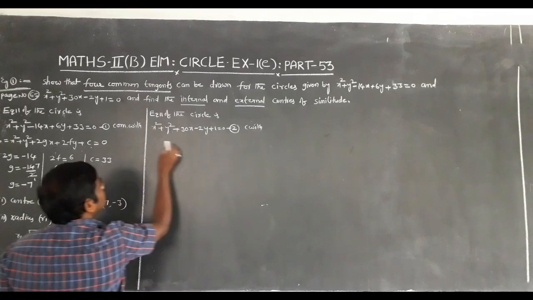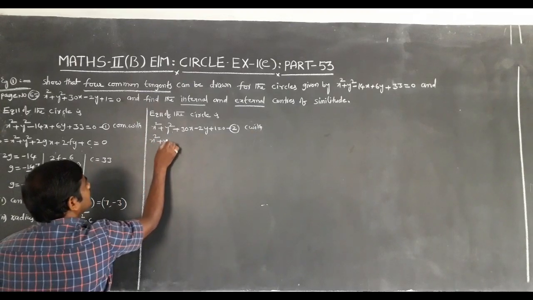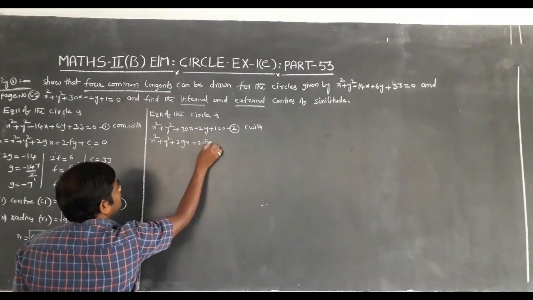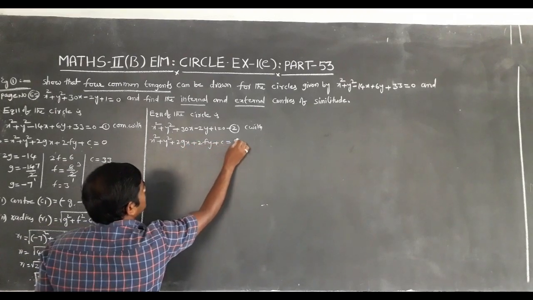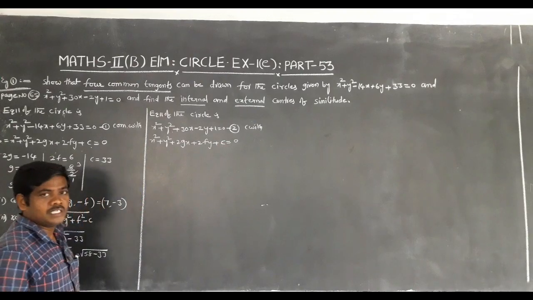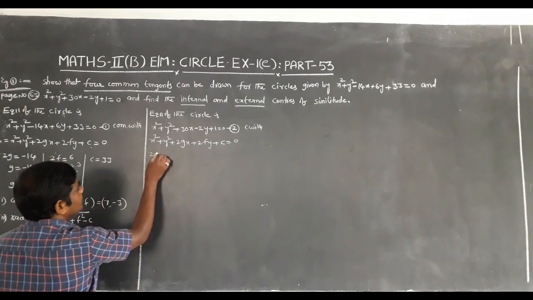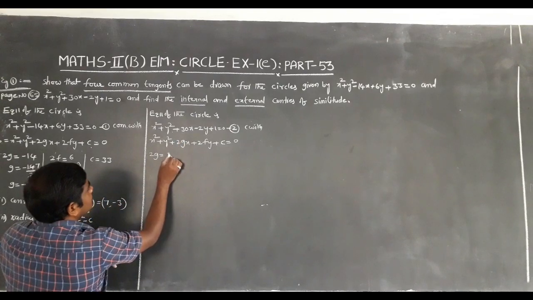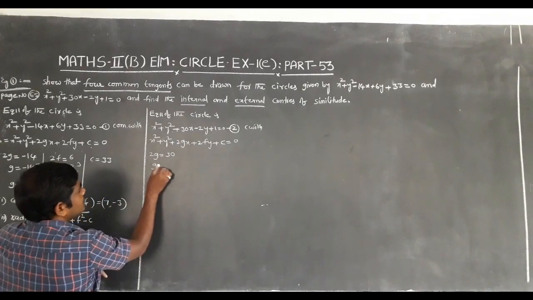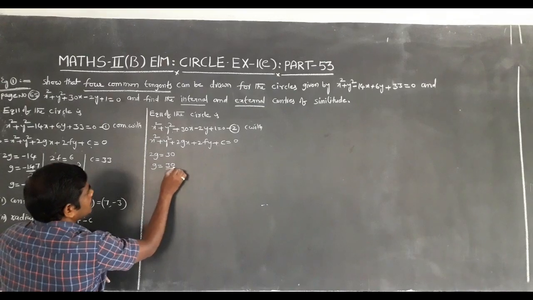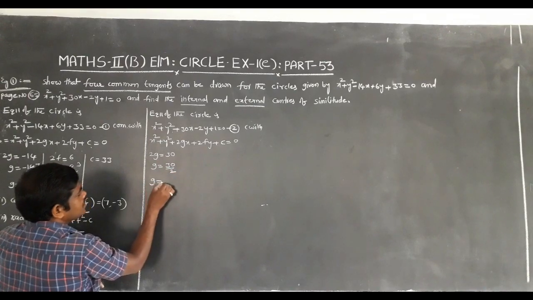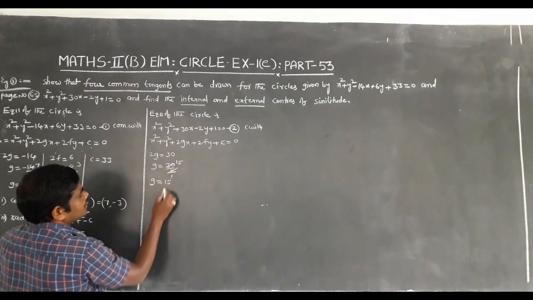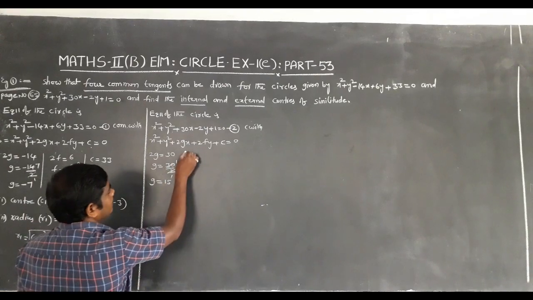Comparing with the general equation, here x coefficient 2g is equal to 30, g is equal to 30 by 2, g is equal to 15.